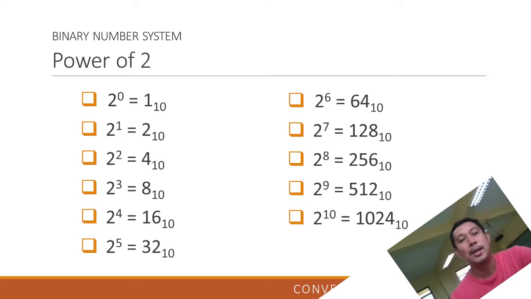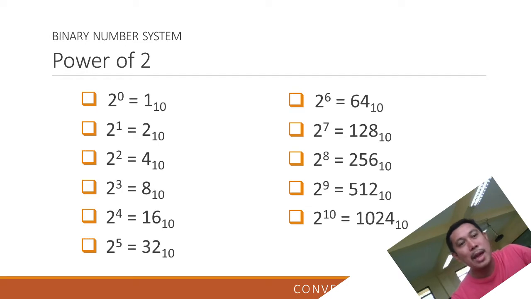Okay, we have here the 1, that is 1 base 10, meaning to say the base 10 here is the representation of this number, meaning that this number is a decimal number. Why? Because it has a base of 10. Okay?